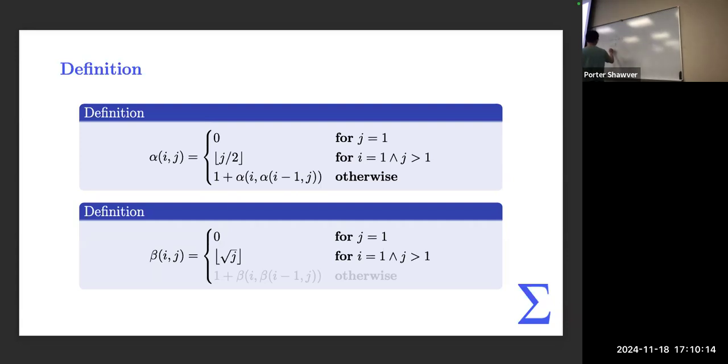Beta 2 n is beta of 2 root n, plus 1. Does anyone want to try to figure out what the solution to this recurrence is? So you have n, and you go to root n, or n to the 1/4, down to 1.